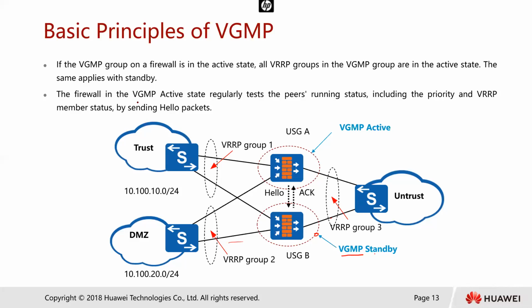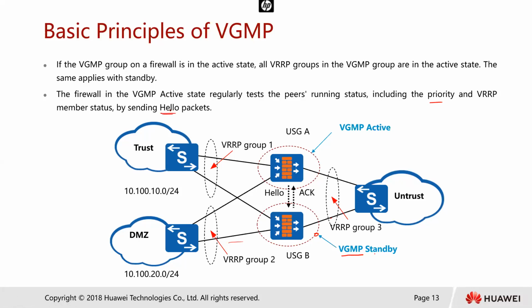And the firewall in the VGMP active state regularly tests the peer's running status, including the priority and the Vrrp member status, by sending hello packets. How do you determine who is the master or the slave, or even whether the master is on?